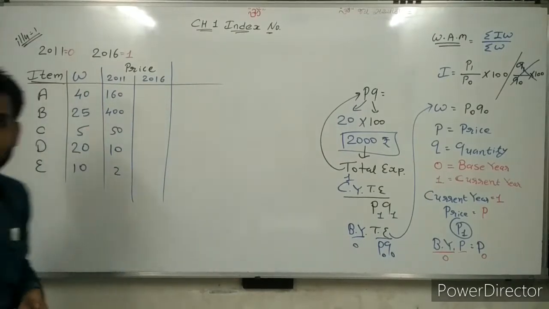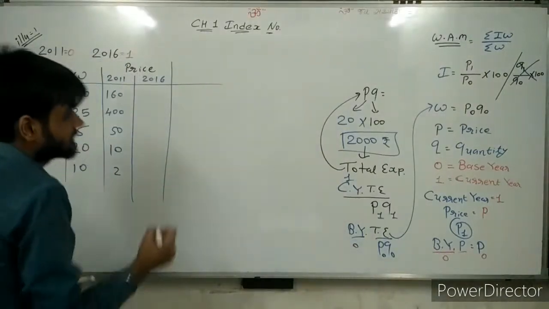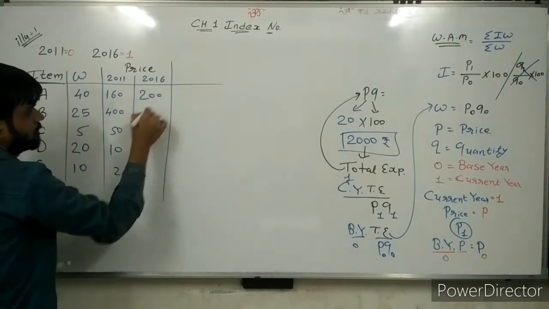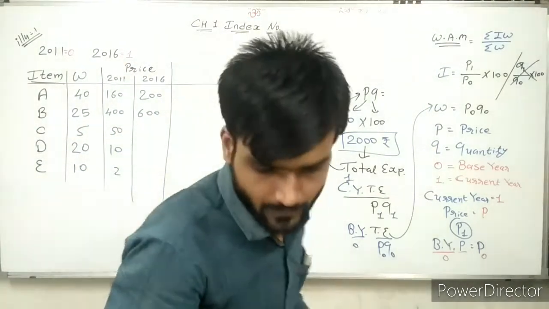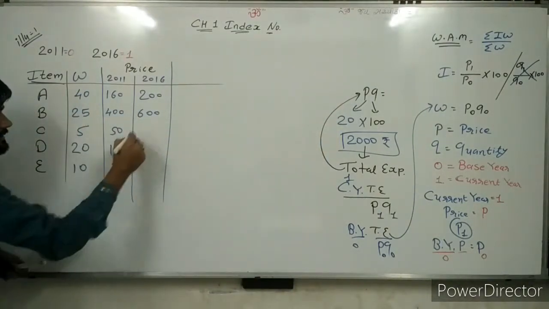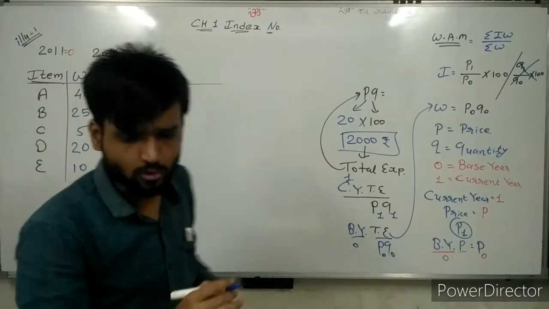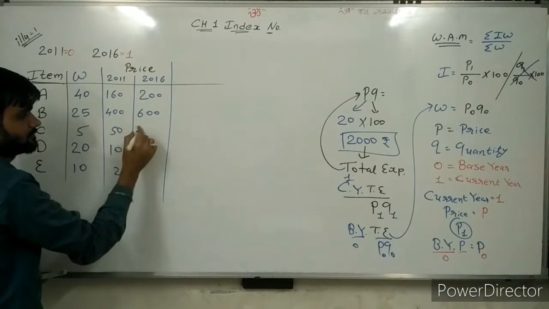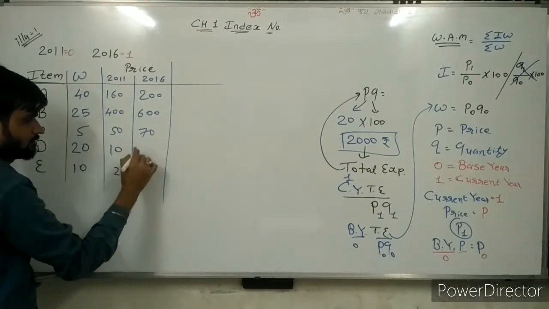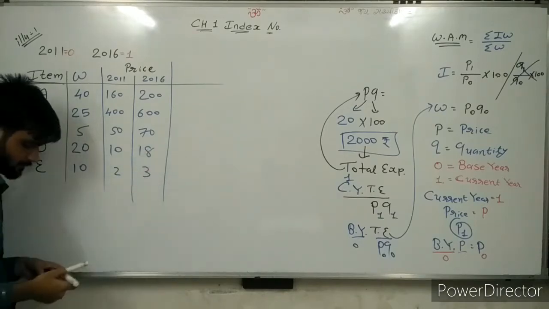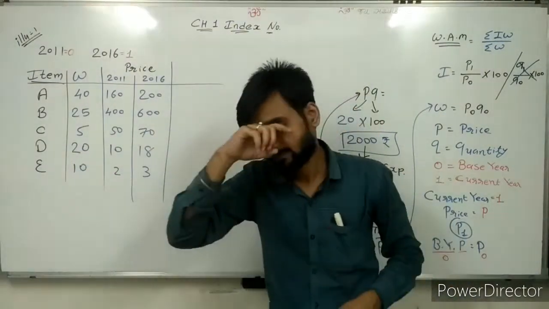Now in 2016, the price increases: that is 200, 600, 70, 80 and 3.